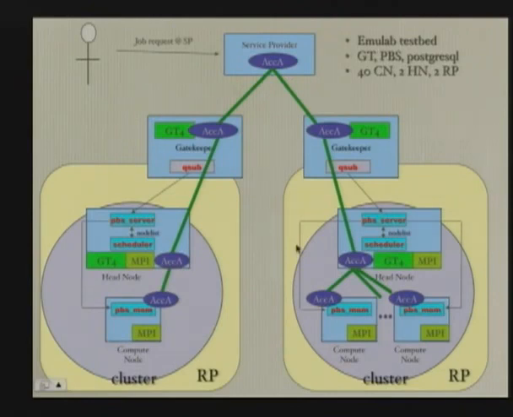This experiment is done in an emulated testbed, where virtualized physical machines are provided. We used Globus Toolkit as the grid web service container, PBS, portable batch scheduler, as our scheduler, and PostgreSQL as the database management system. We use two head nodes and two RPs here.